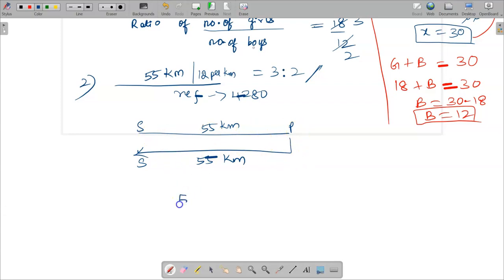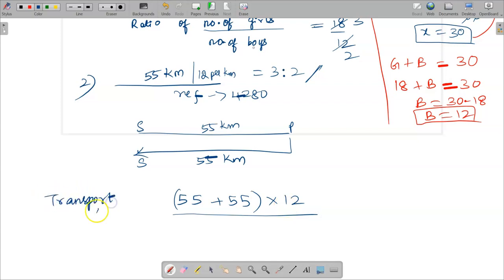And for each kilometer the cost is 12 per kilometer, so into 12 we have to do. This is nothing but the transportation charge. So the transport charge is this.